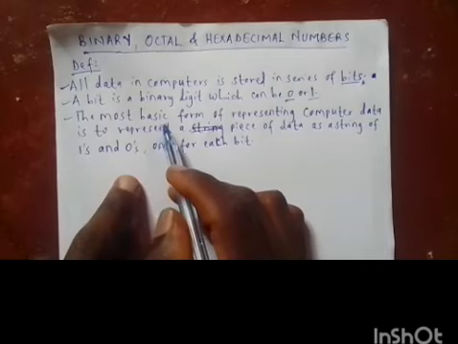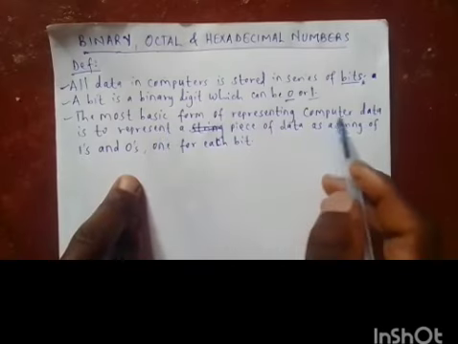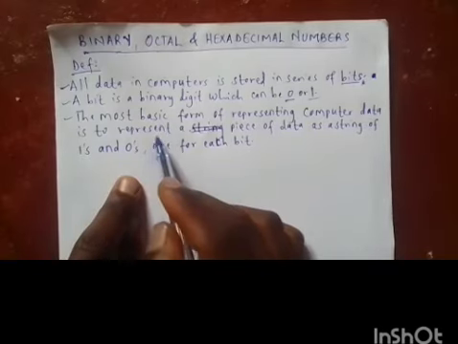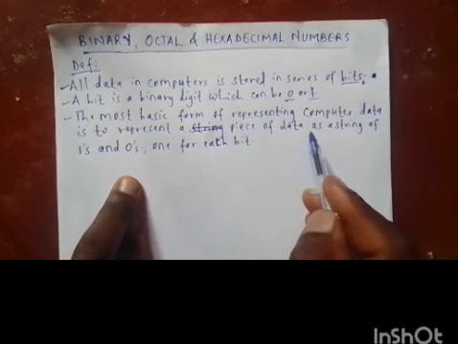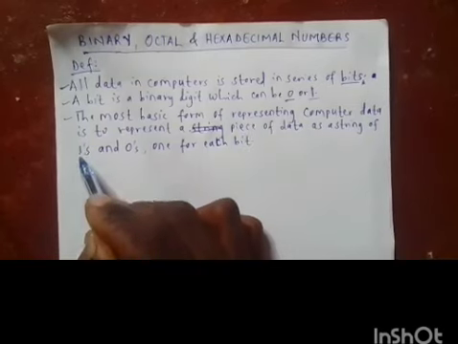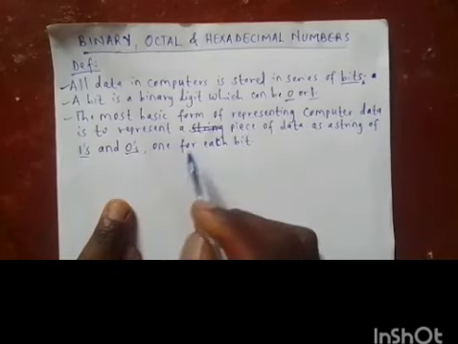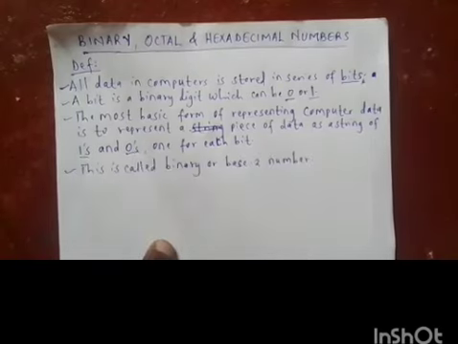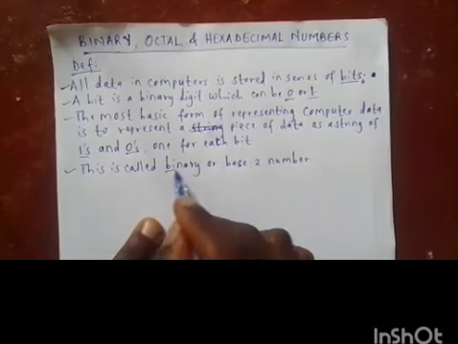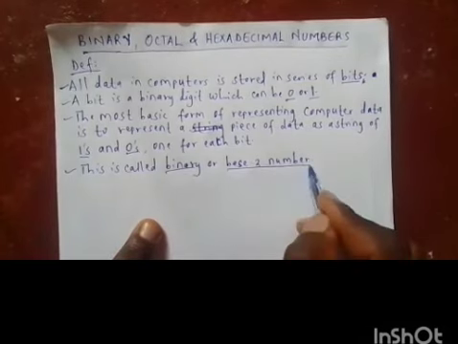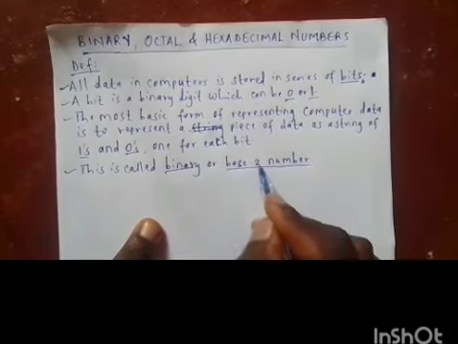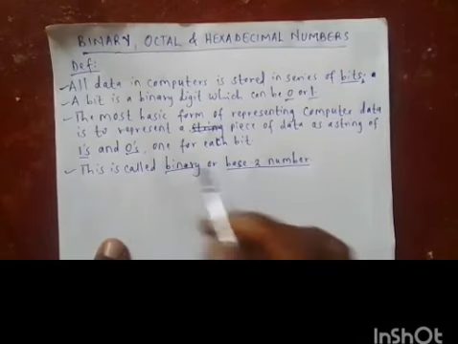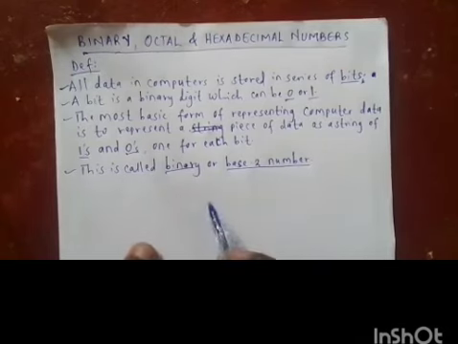The most basic form of representing computer data is to represent a piece of data as a string of ones and zeros, 1 for each bit. This is called binary or base 2 numbers because it only contains zeros and ones.